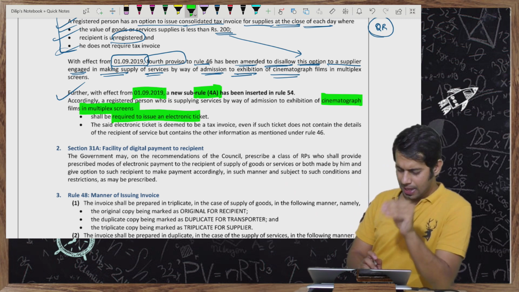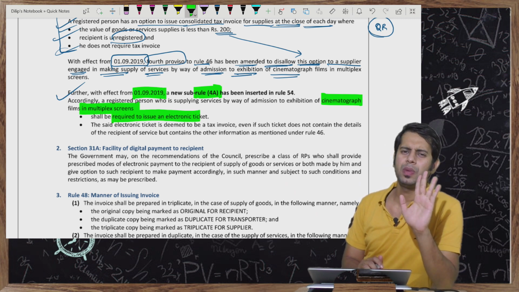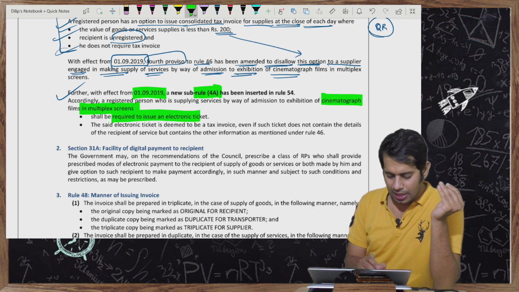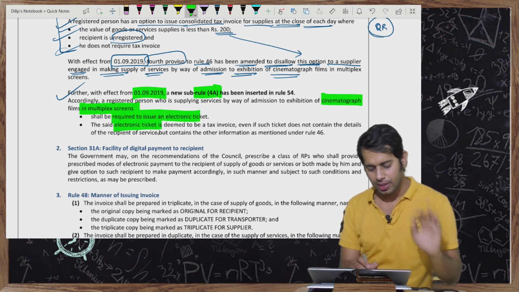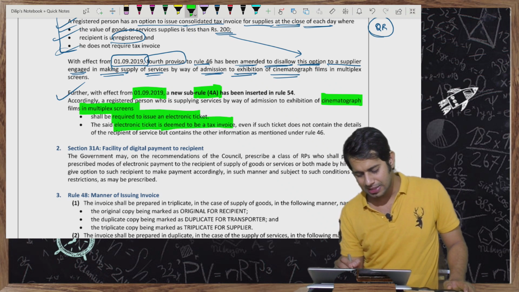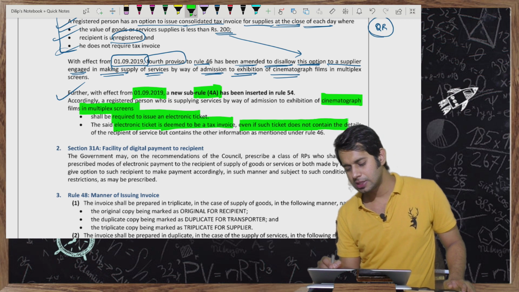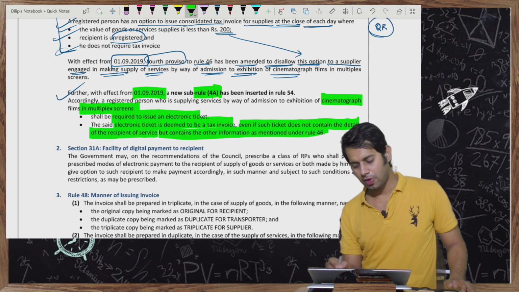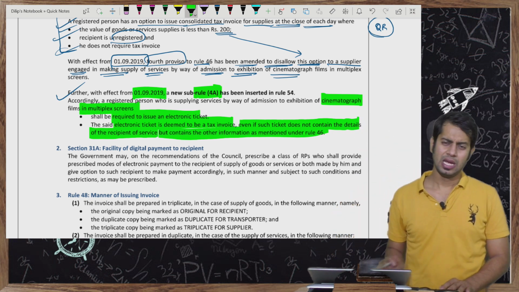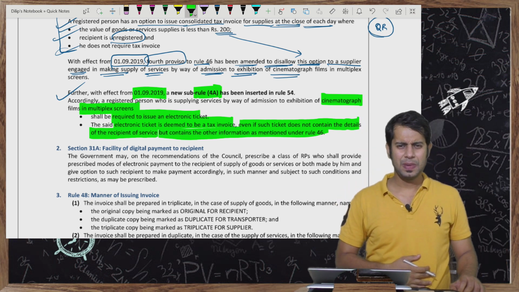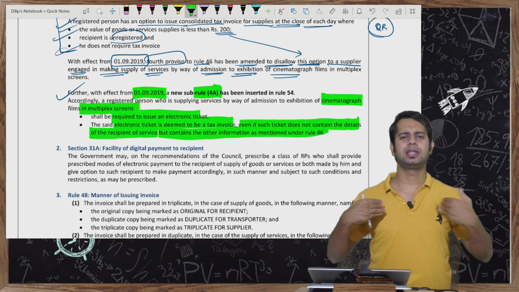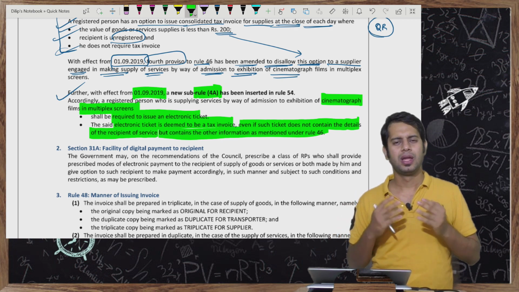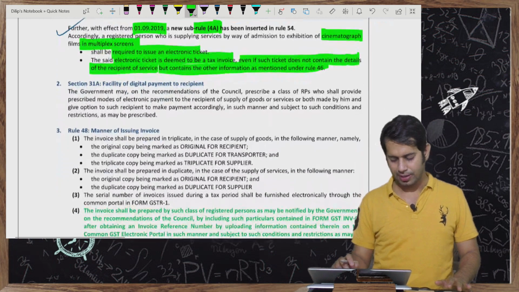Instead of giving a hard copy invoice, they can issue an electronic ticket. The said electronic ticket shall be deemed to be the tax invoice, even if such ticket does not contain the details of the recipient but contains other information mentioned in rule number 46. Even if the details of the recipient are not mentioned, even if it does not say that this ticket is purchased by Mr. Dilip, the ticket will still be valid.